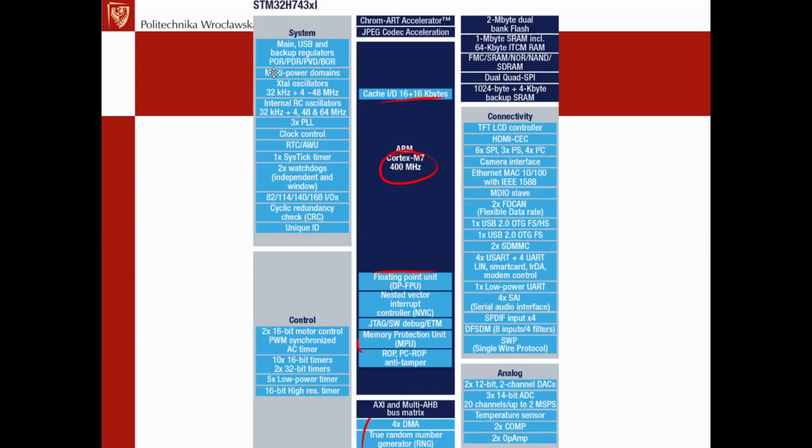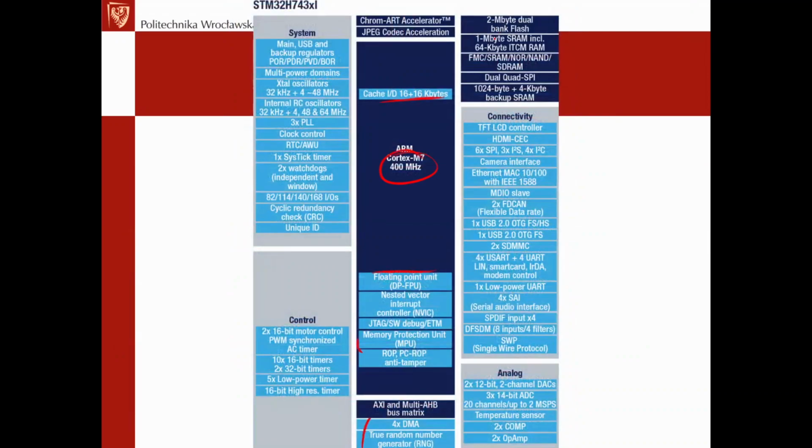Instead of 8 kilobytes in the L0, take a look how different it is. We talk here about 2 megabytes of dual bank flash, plus more than 1 megabyte of SRAM.